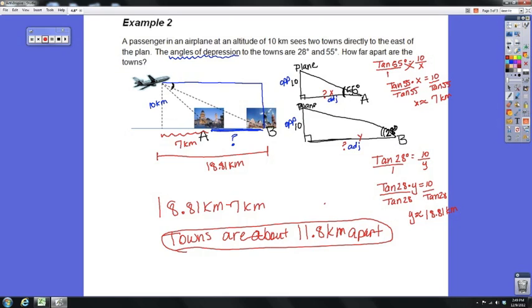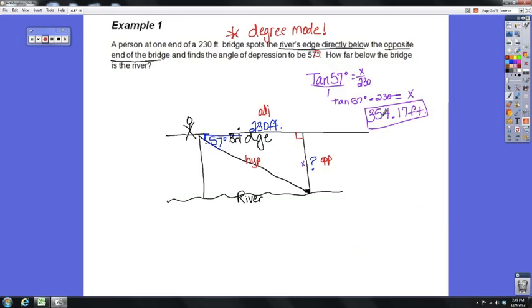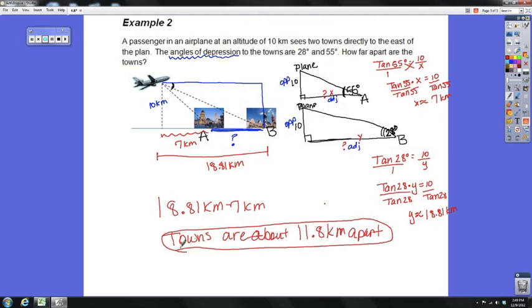So let me come back over here to this one. It's not that big a deal, but that's approximate because we're rounding. So there you go. There's how that works. And there's a quick review of angle of elevation and depression.